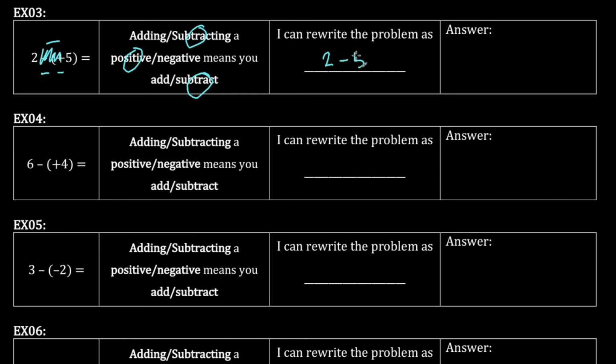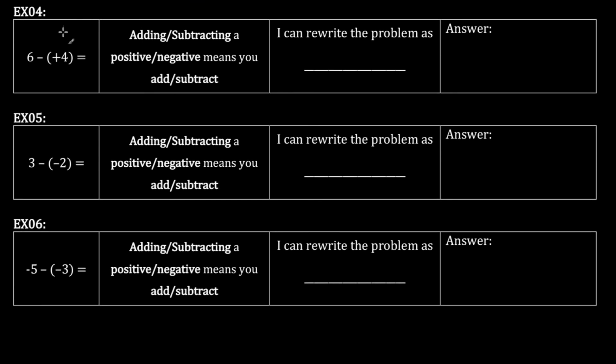You can do the number line too if you prefer. With zero pairs, we end up with 3 negatives. So 2 minus positive 5 is negative 3.